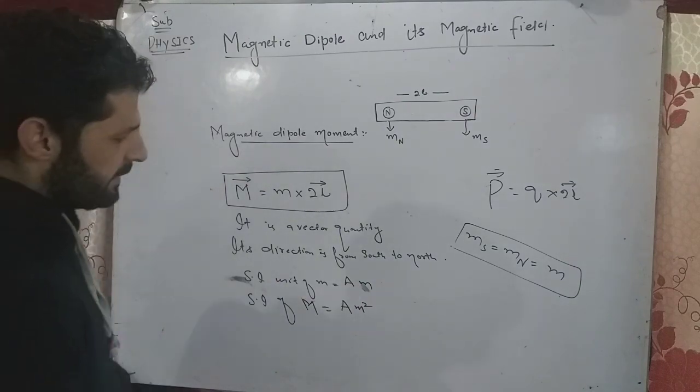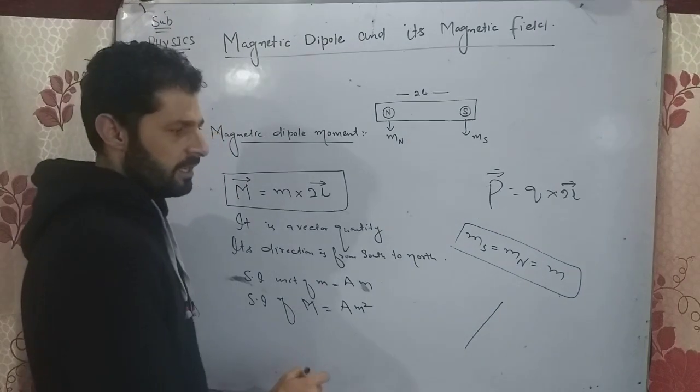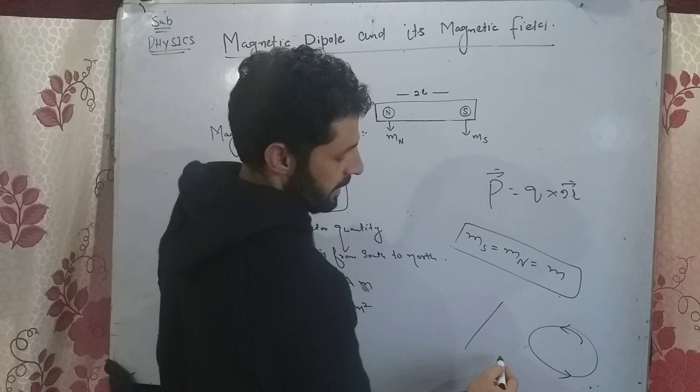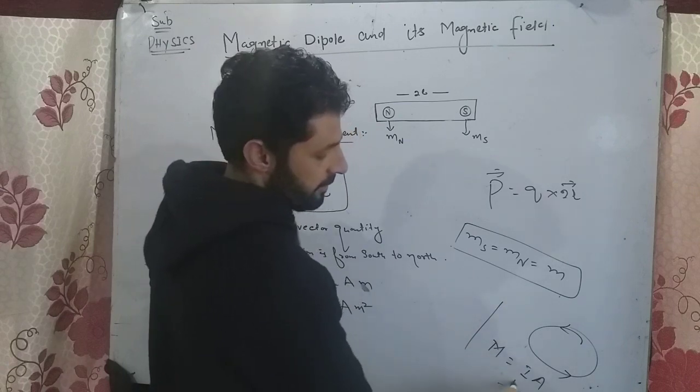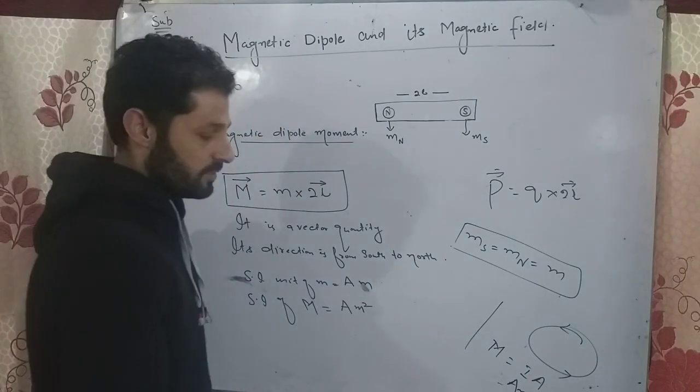We usually write ampere meter square in the case of a current loop as a magnetic dipole. Here dipole moment M is equal to I into a. I का वैल्यू एम्पियर है और a है मीटर स्क्वायर, तो M का बन गया एम्पियर मीटर स्क्वायर.